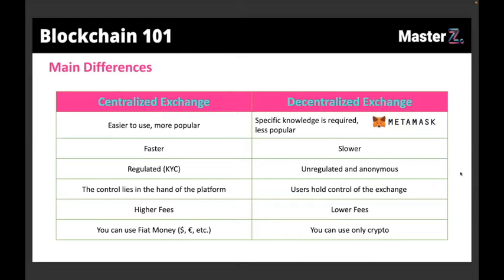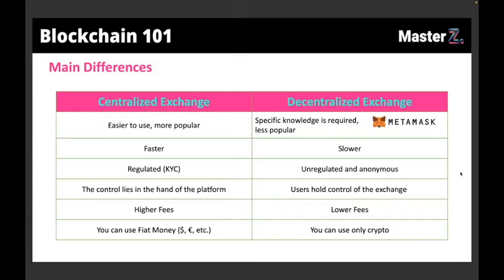And lastly, as the last difference, is about how you can interact with exchanges. On a centralized exchange, as I said before, you can deposit your fiat money. So you can deposit your dollars, your euros, because the exchange has a bank that is the middleman between you and them.